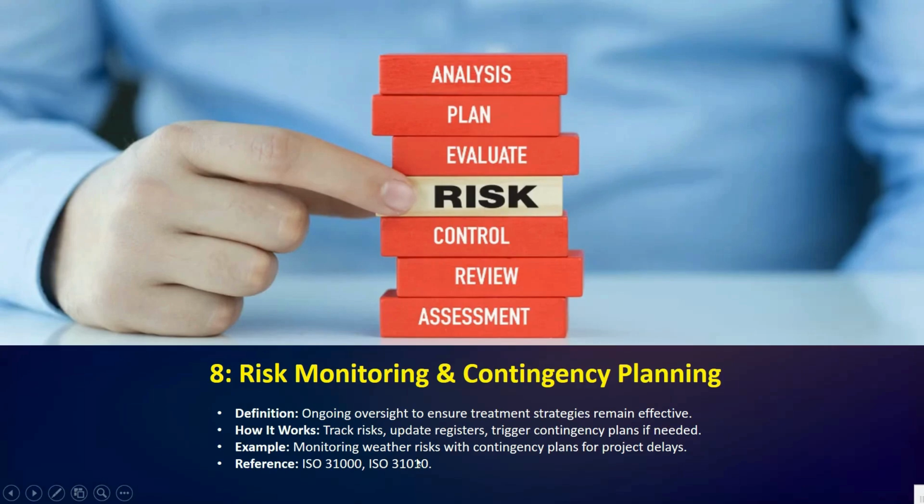Here you can see the definition: ongoing oversight to ensure treatment strategies remain effective. So how it works: track risks, update the register, trigger contingency plans if needed. This ongoing oversight involves systematically tracking identified risks, updating the risk register with new information, and ensuring contingency plans are in place and ready to trigger.